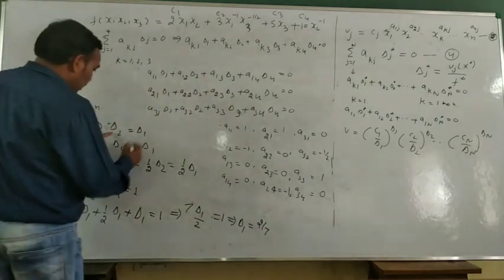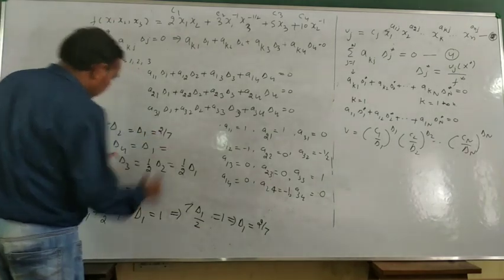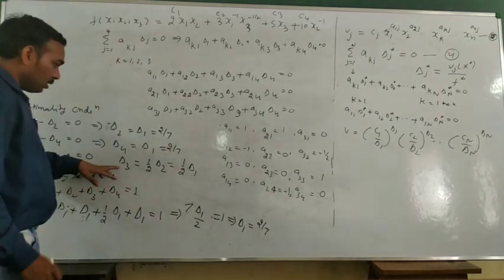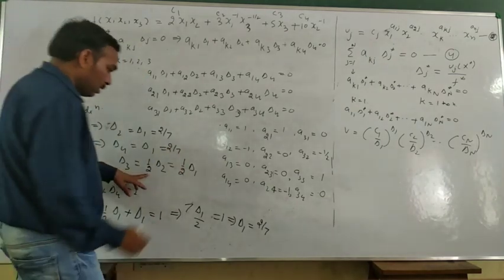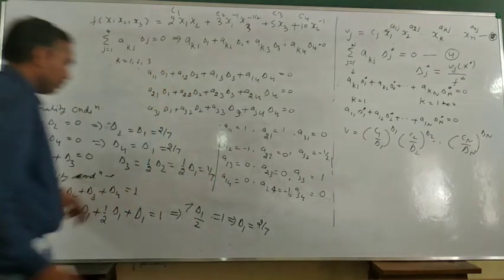Implies that we get del 2 equal to 2 upon 7, del 4 equal to 2 upon 7 and del 3 equal to 1 upon 7.